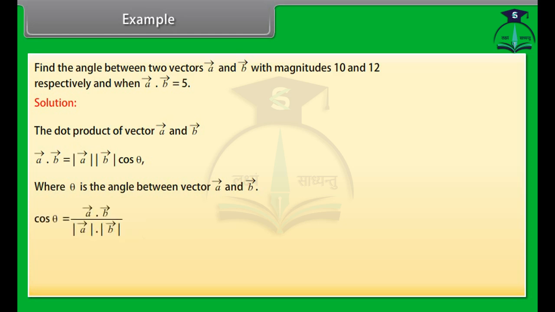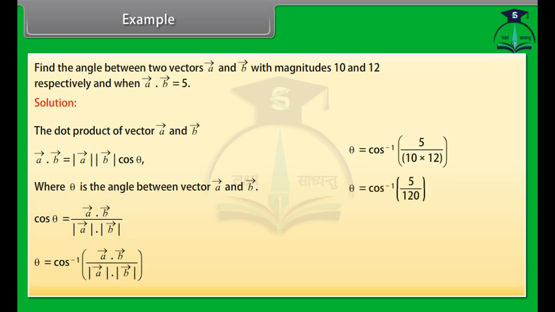Cos theta is equal to the dot product of vectors A and B divided by the magnitude of vector A times the magnitude of vector B. Theta equals cos inverse of the dot product of vectors A and B divided by the magnitude of A times the magnitude of B. Theta equals cos inverse 5 by 10 into 12.